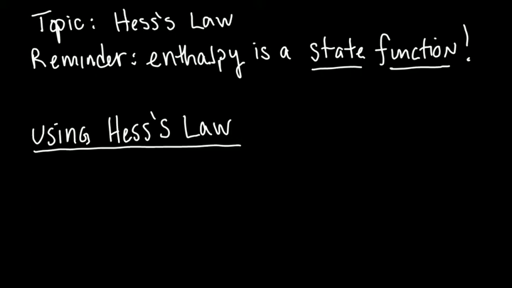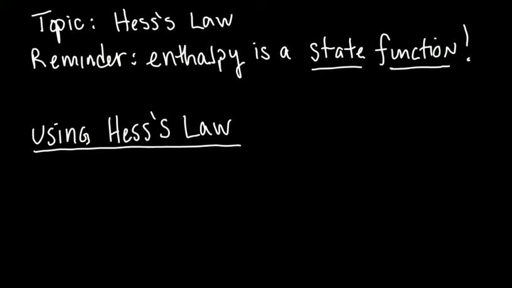So, what we can do is use this. If we want to find the enthalpy of a certain reaction, but all we have is a series of steps with delta H's, we can assume that if a reaction is carried out in a series of steps, the delta H for the overall reaction is going to equal the sum of the enthalpy changes for the individual steps.